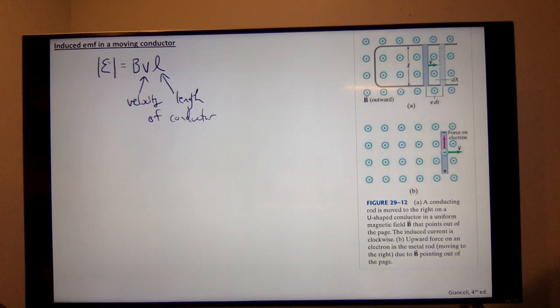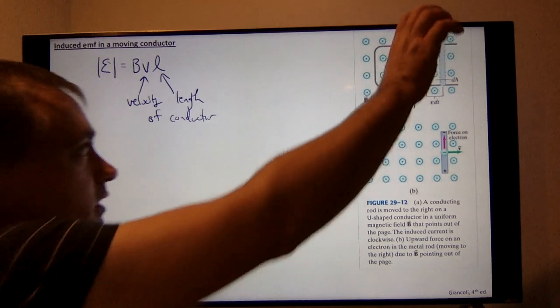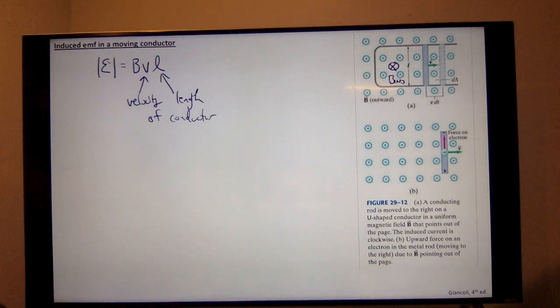If more of that magnetic field is getting through the loop, it's going to oppose that and give me an induced magnetic field in the opposite direction. An induced magnetic field in the opposite direction gives me current that flows around this loop in the clockwise direction. So I induced is this way.